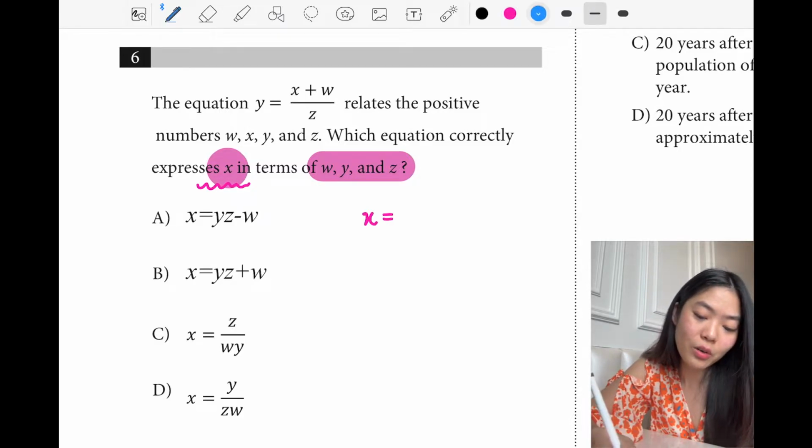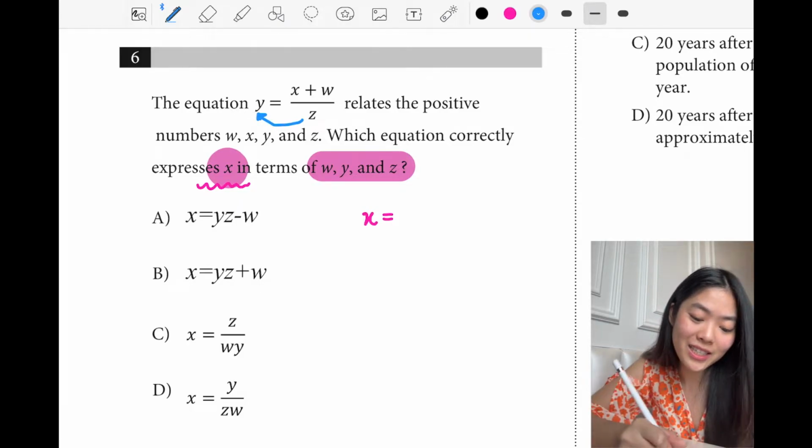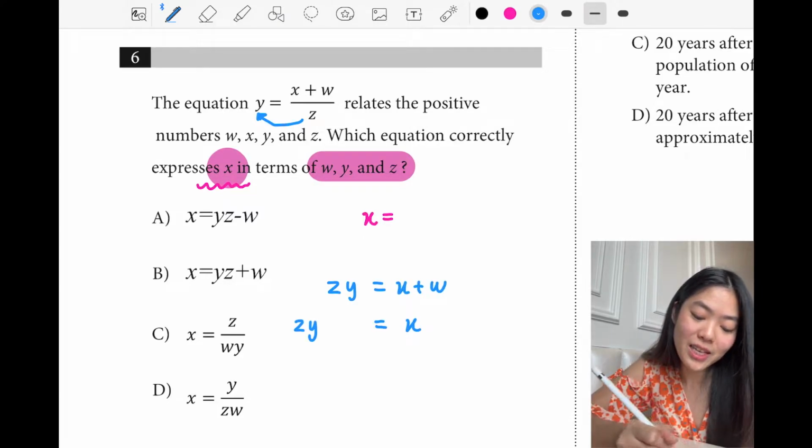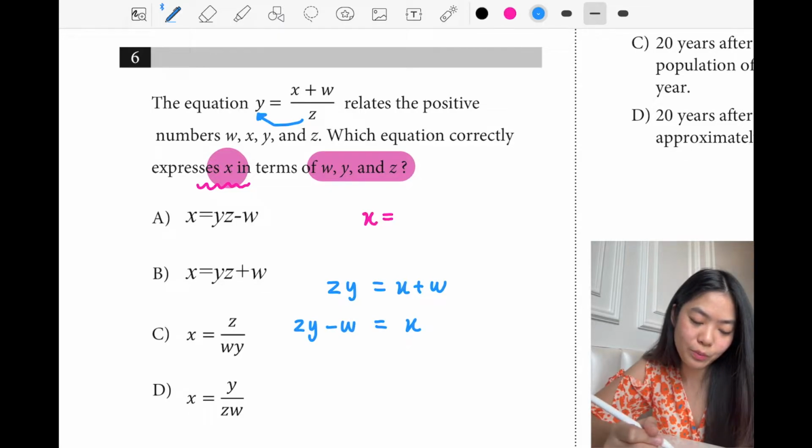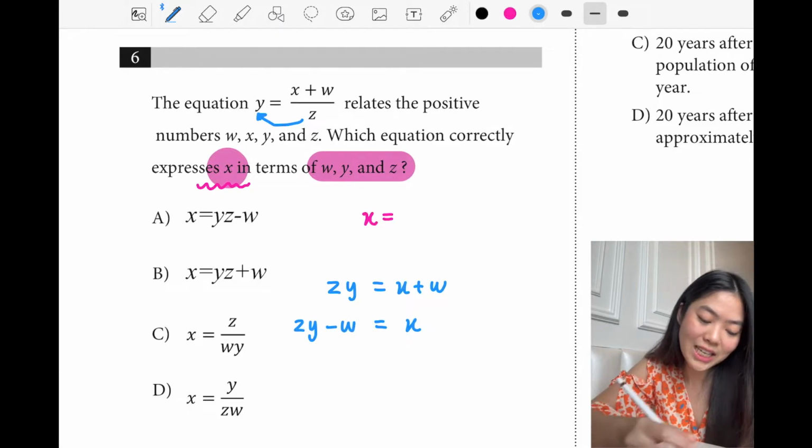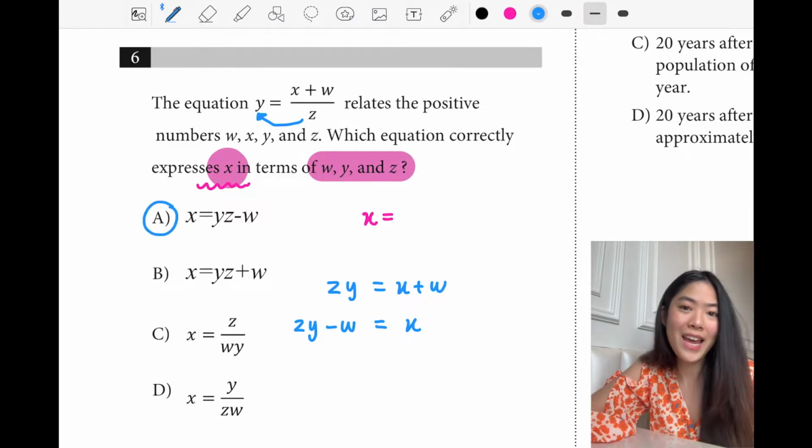Okay, so we're going to multiply by c on the other side, right? It's going to be cy equal to x plus w, and then we want to get rid of w. It's going to be cy subtract w. Okay, and then we find the answer, and it is A.